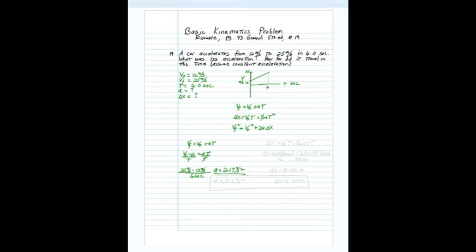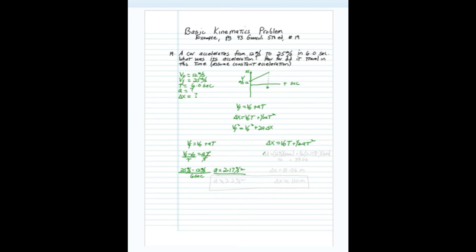It also asks for how far. So now that I know the acceleration, I could use either the second or the third equation. But if I think about it, it's going to be easier to use the second one because it's already solved for delta x, whereas the third one I'd have to manipulate. So I'm going to use the second equation, delta x is Vot plus a half at squared, to solve for delta x.